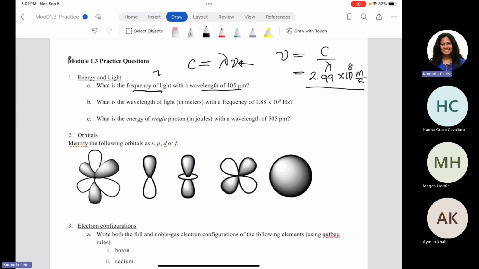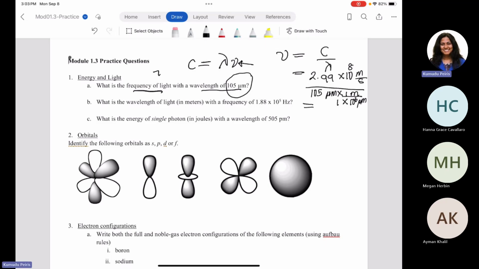Now look at this. Speed of light is given in meters per second, but the wavelength is given in micrometers. So please make sure that you change the 105 micrometers into meters. We must get the relationship: 1 meter equals 1 times 10 to the 6th micrometers.